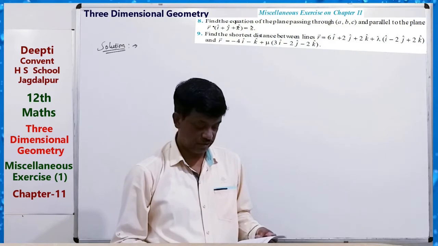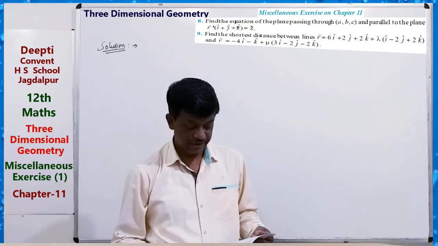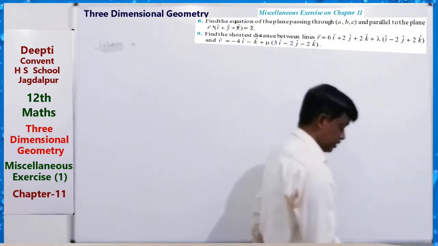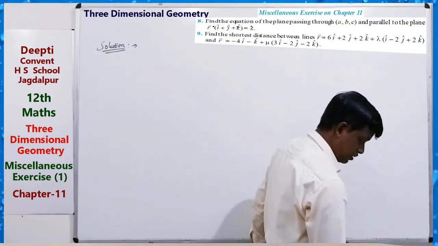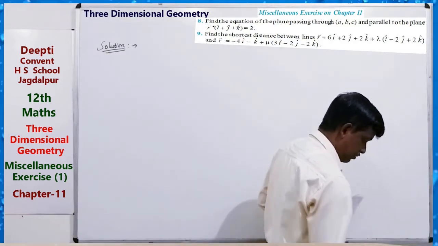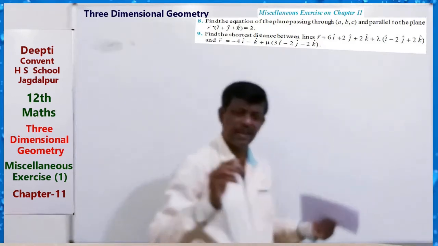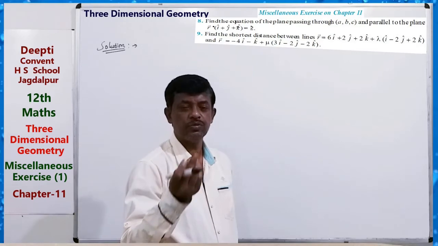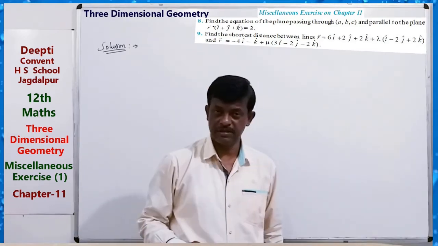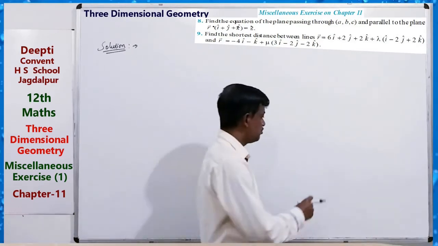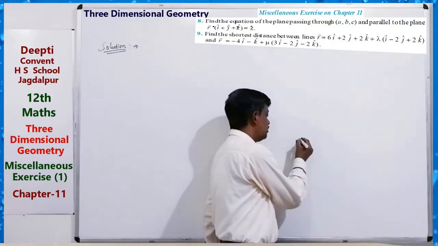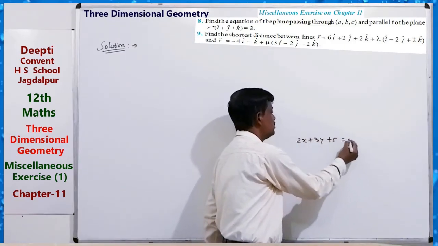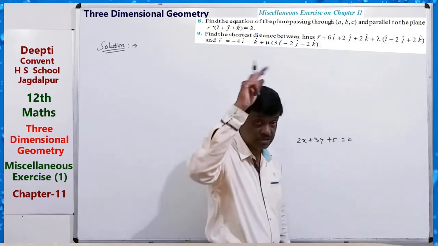Now question 8. Just like a line parallel to a straight line in two-dimensional geometry, we change only the constant term. Suppose 2x plus 3y plus 5 equals 0. This is a straight line in two-dimensional geometry.